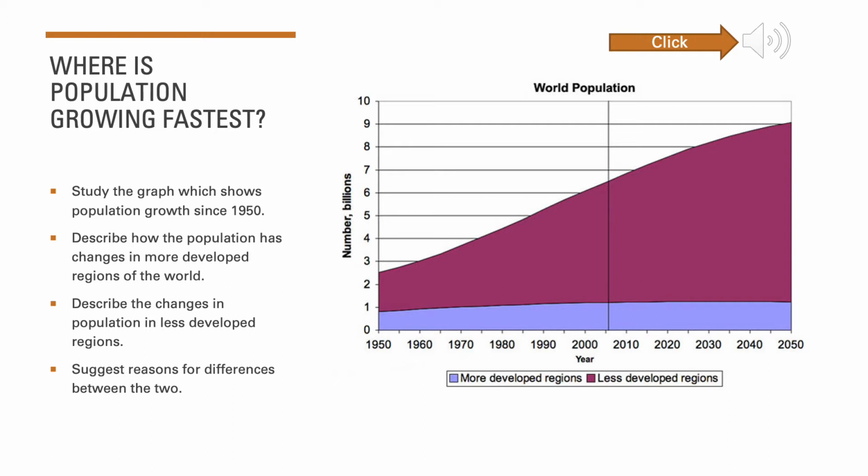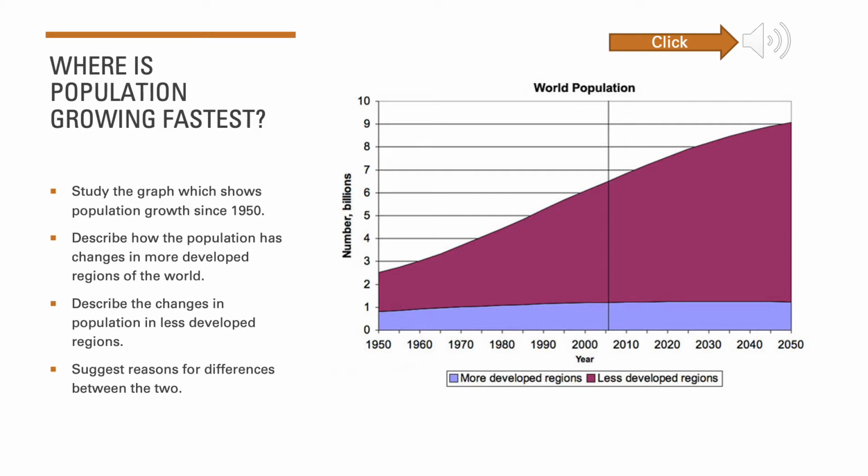So if we look at the blue part on the graph, that's the more developed regions of the Earth, the high income countries. And you can see their population in 1950 was just below 1 billion. It's increased slightly, it hasn't changed that much. And if you look carefully, it's showing you that by 2050 it might actually be decreasing slightly. So the number of people will be going down in the high income countries.